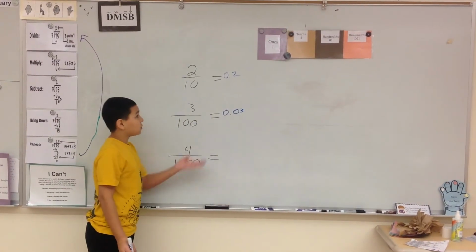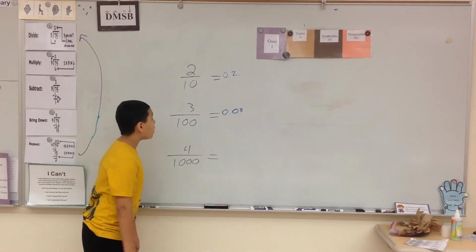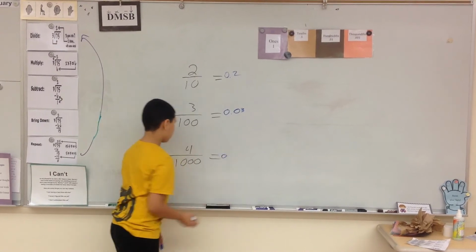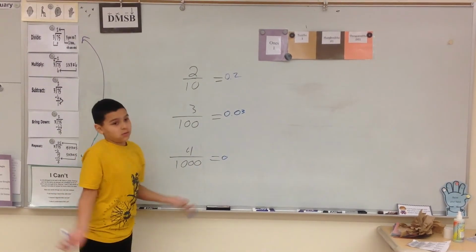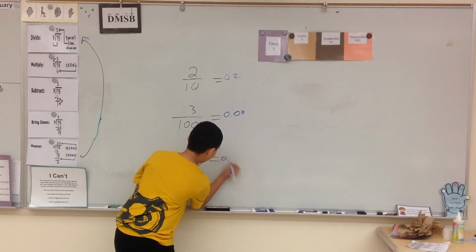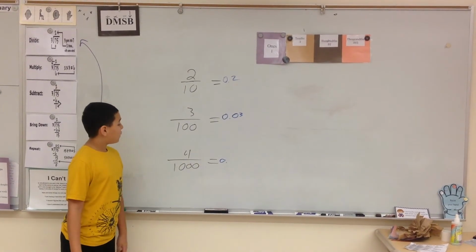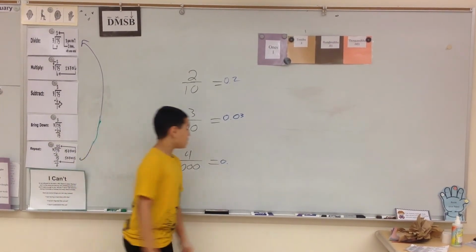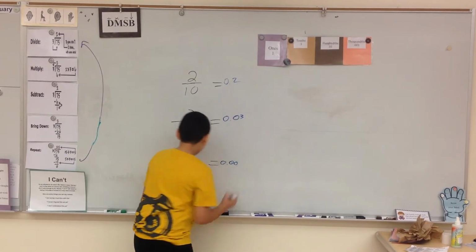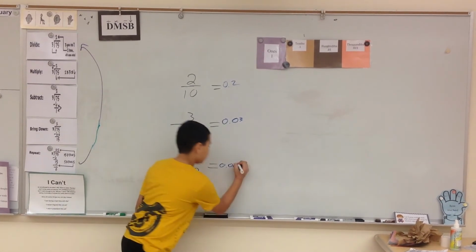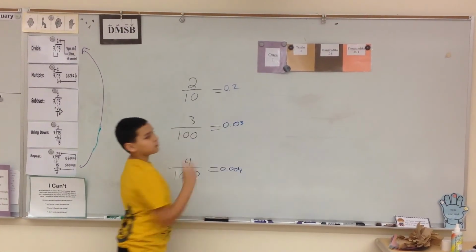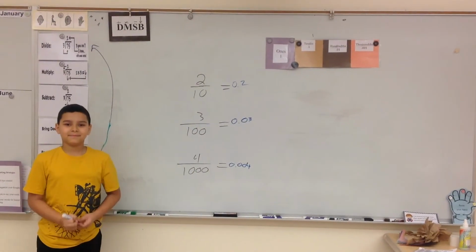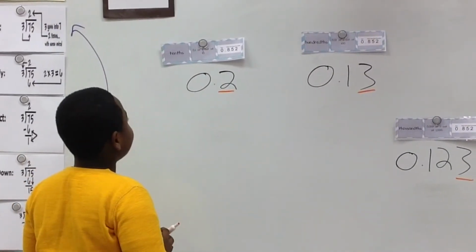As you see, there's too many zeros there, so we need to put a 0 here because we don't have any wholes. So we need to put this point here and put 2 zeros and put the 4 in the thousands. Nice job, Victor.